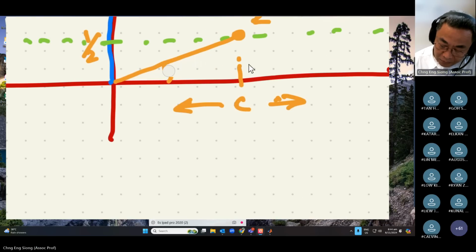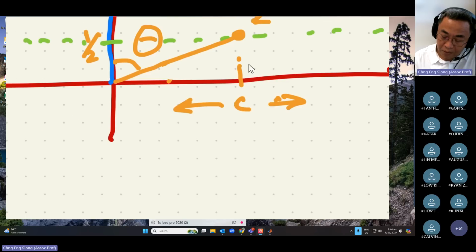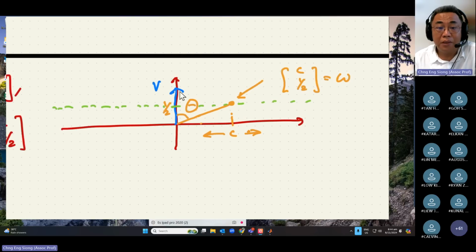All right. Theta should be between the vector W and V. So that's why you must draw the figure. Otherwise, like what I have just done, you get it wrong.